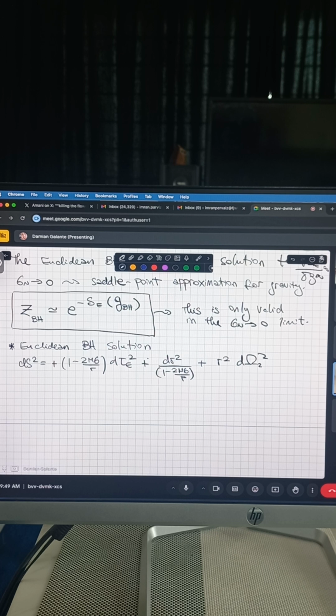And we discussed yesterday that this is a 4-dimensional manifold, and if we look at it in the tau Euclidean–r plane, this looks like a cigar geometry, where each point in this 2-dimensional diagram should be supplemented by a 2-dimensional sphere that is infinitely large as r goes to infinity and starts decreasing until it has radius r_h at the position of the horizon.